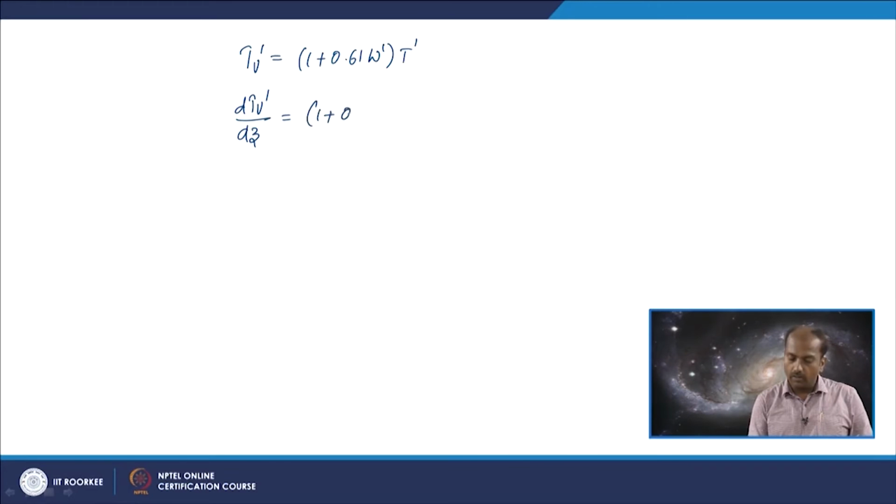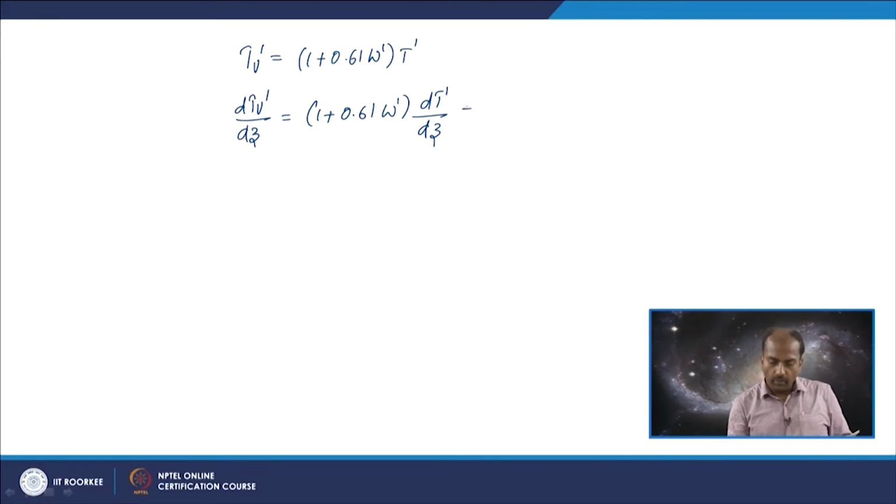Let us say again we write the virtual temperature of the parcel as 1 plus 0.61 W prime times T prime, right. So, dTV prime by dz is simply 1 plus 0.61 W prime times dT prime by dz plus 0.61 T prime times dW prime by dz.